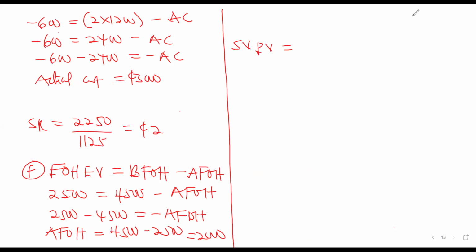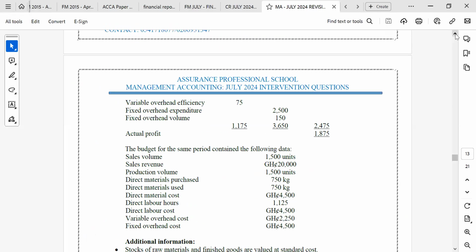The sales volume variance is budgeted quantity minus actual quantity, multiplied by 17 over 6. What is our variance for that?